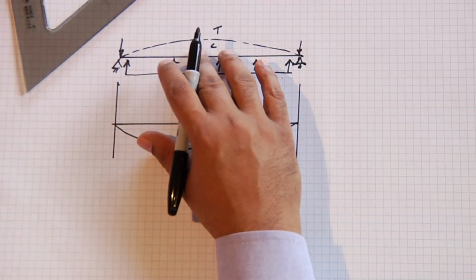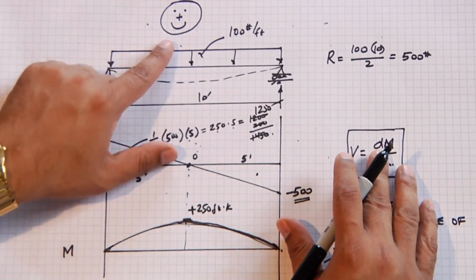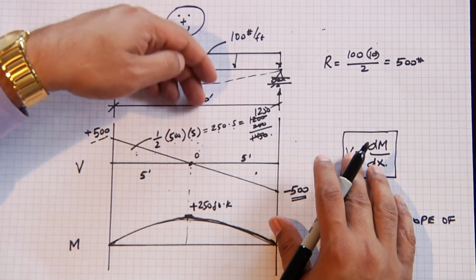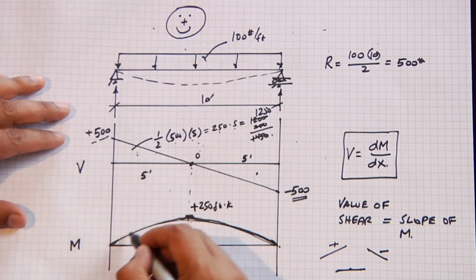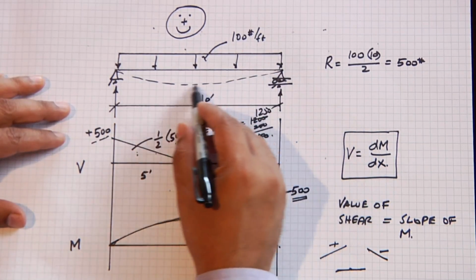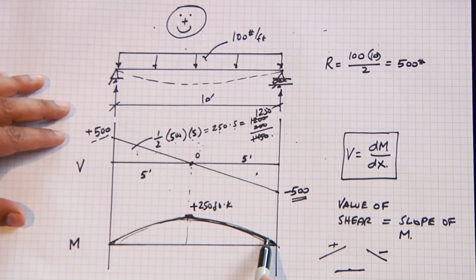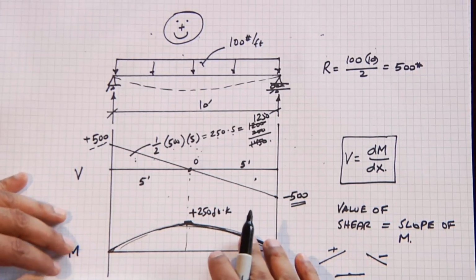That's if we reversed. And I'm just trying to show you the simplicity of understanding the sign convention on the moment diagram. A positive load going in the downward direction, which results in an elastic curve as such, gives us a positive moment diagram. Let's do another example.